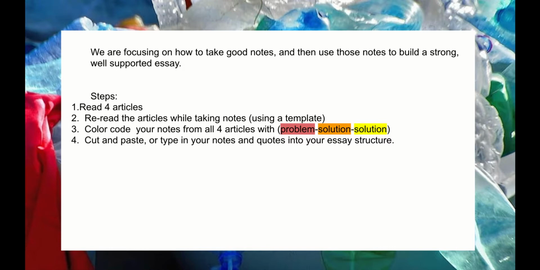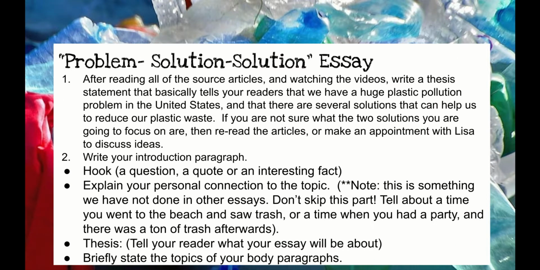Like, do you think implementing a bottle bill is a great solution? Do you think beefing up our recycling programs? Do you think personal choices that people make with their shopping and their consumption will make a difference? You'll be thinking about different solutions and picking two solutions. And then you can either cut and paste or type in your notes and quotes into your essay structure eventually.